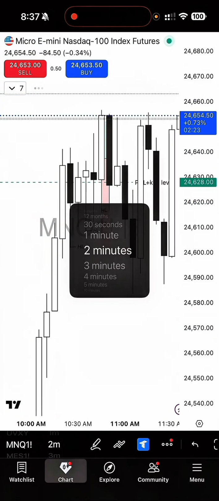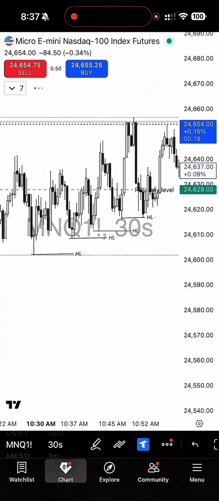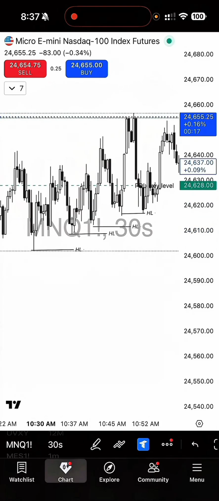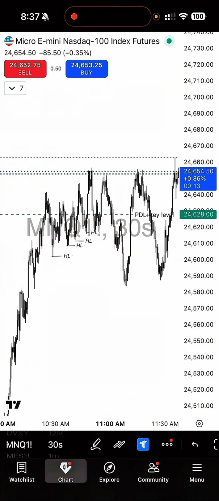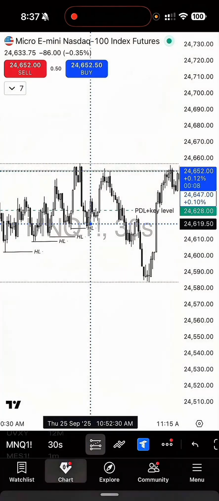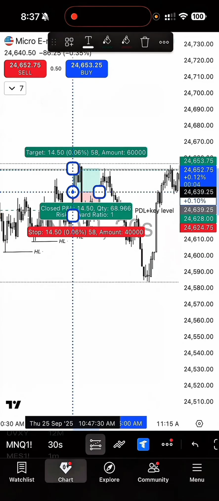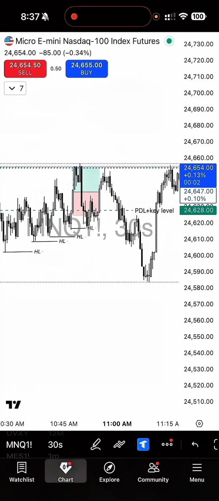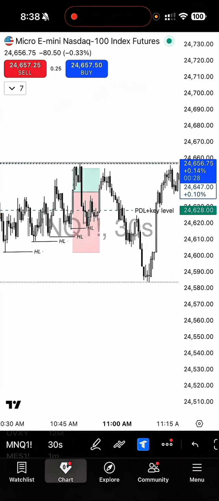Yeah, that was the stop loss. What just happened? Anyways, long position. I entered here and the stop loss was under this higher low.